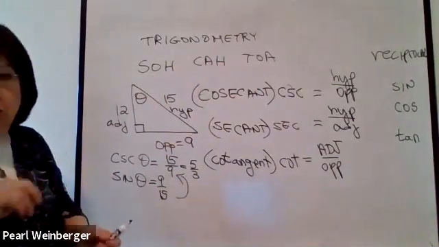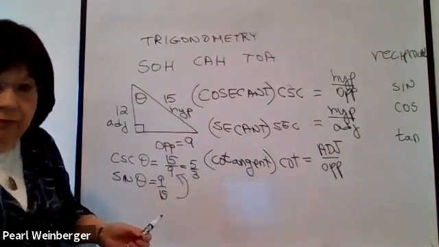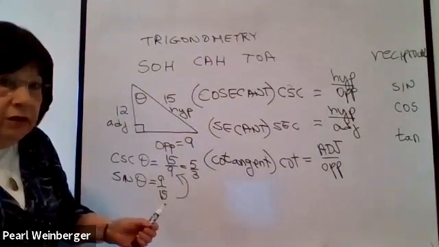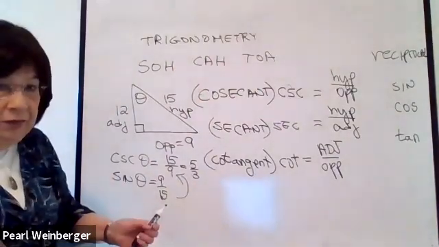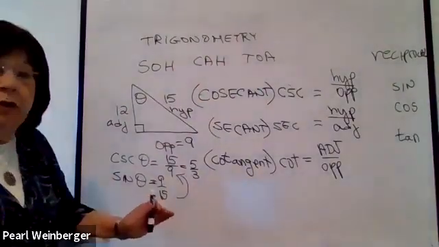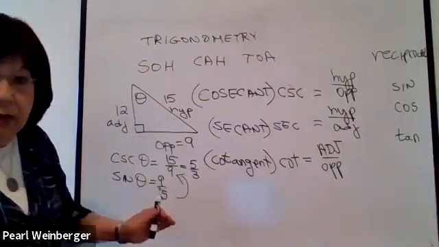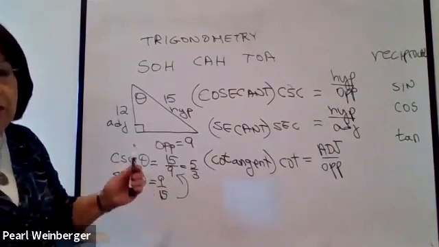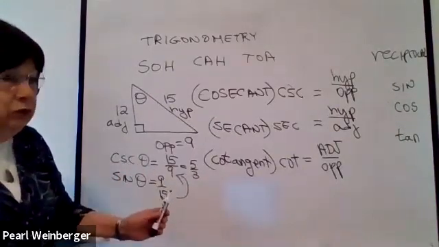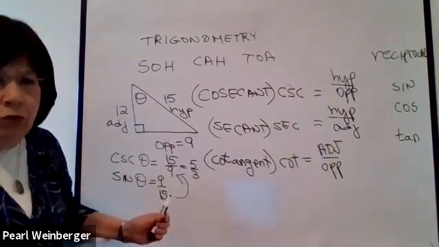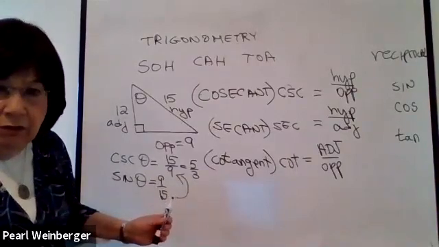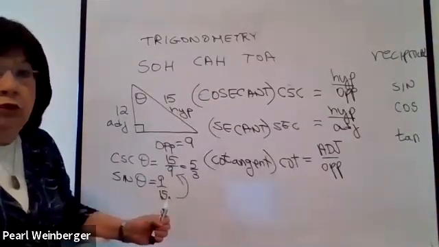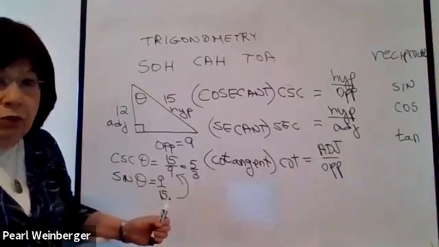Okay, let's do one more example. We basically have covered what you need to know about this. Tomorrow I'm going to show you one or two more problems. We're going to cover some other problems, but basically this is what you need to know about trigonometry. Obviously there's a lot more about trigonometry to know, but you are not required to know more than this.